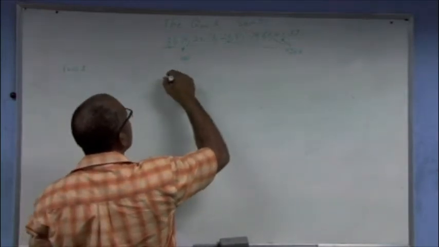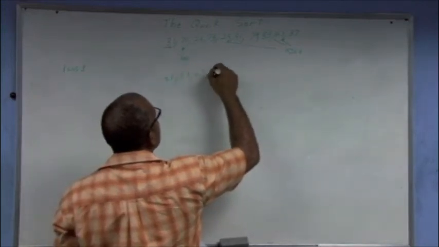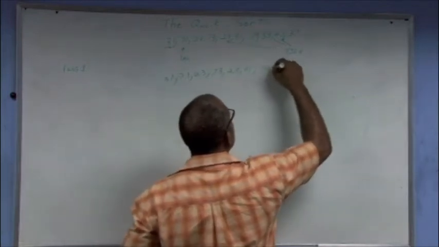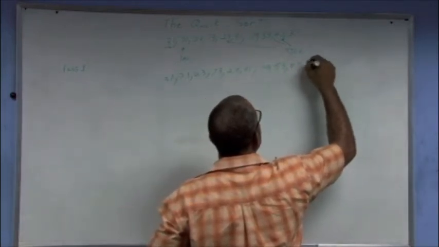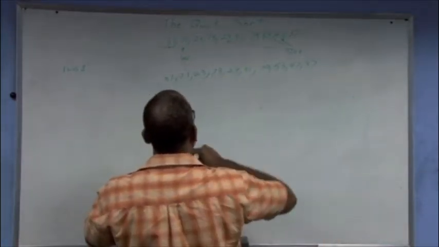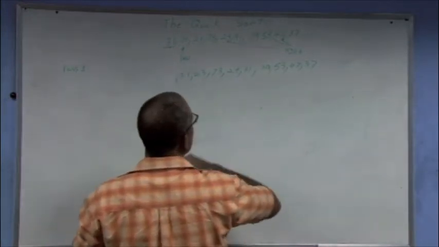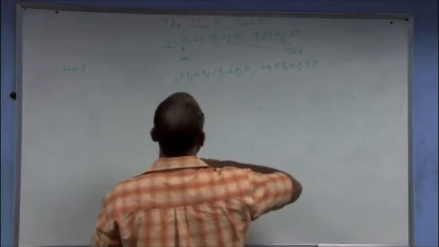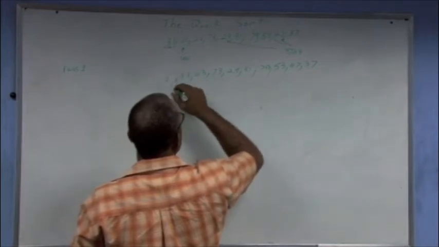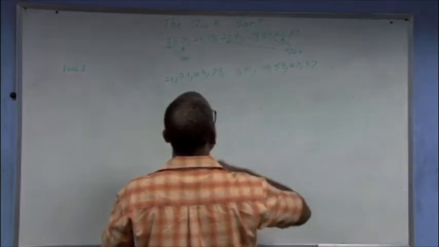So, if we have 31, 71, 23, 73, 29, 91, 79, 53, 47, 37, the first swap we'd make is when high gets to 29. So we'd copy the 29 down here, and the 31 will be swapped with this.